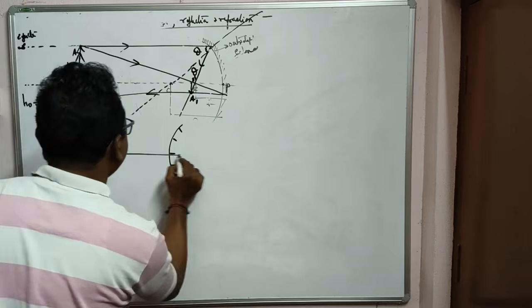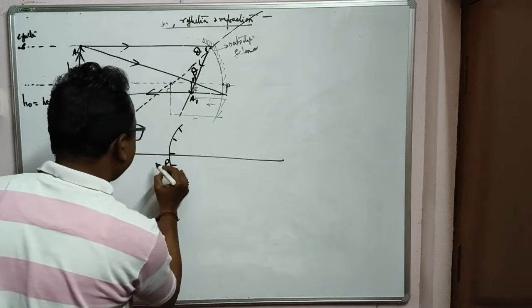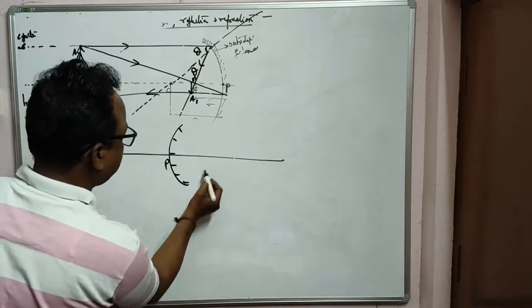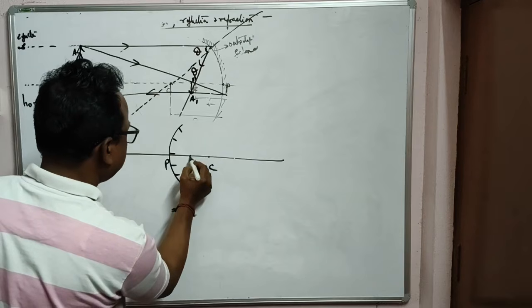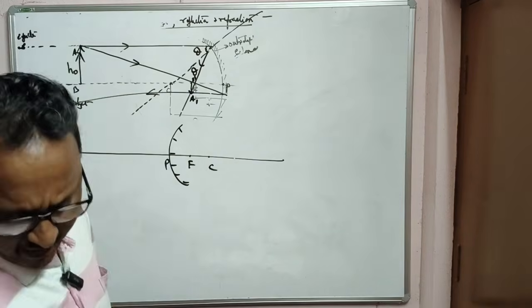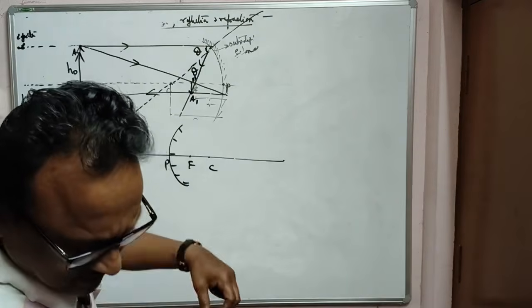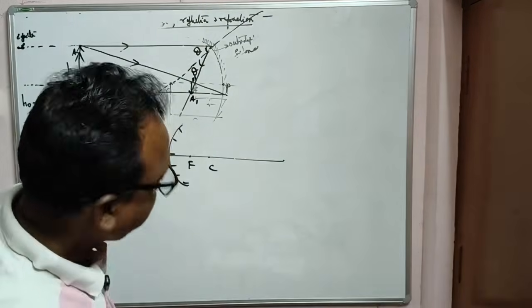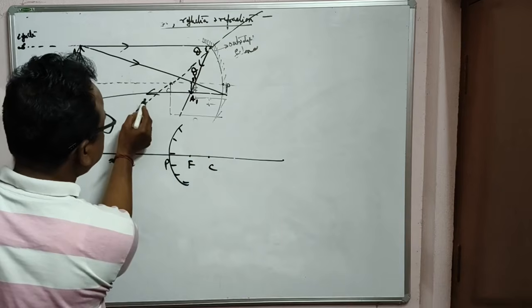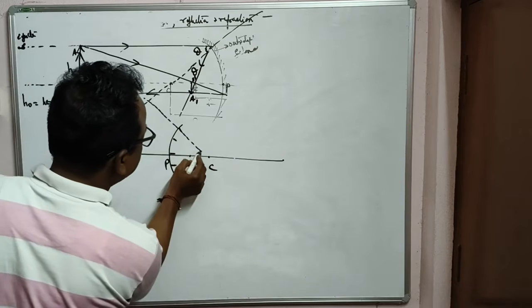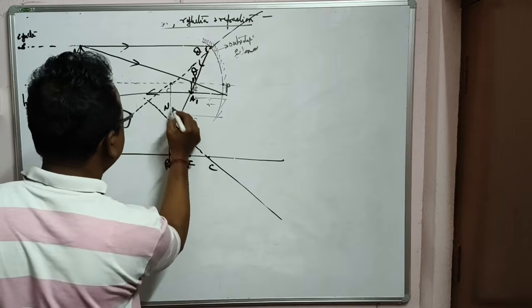See the convex mirror. See the pole of the mirror. And the center is over here. And this is focus. For example, if you take convex mirror, what happens? And you know this is the normal, always passing through the center.